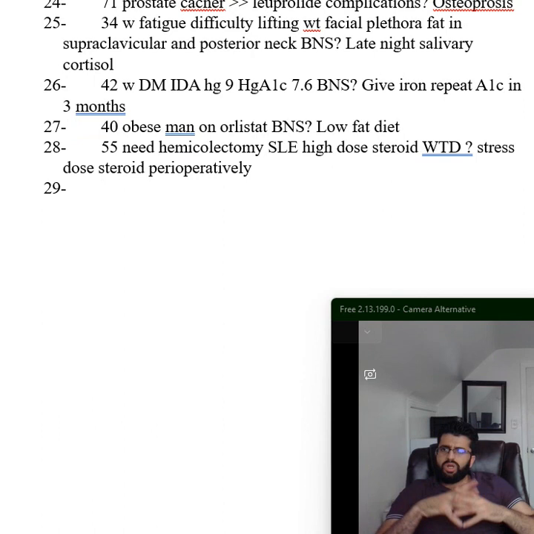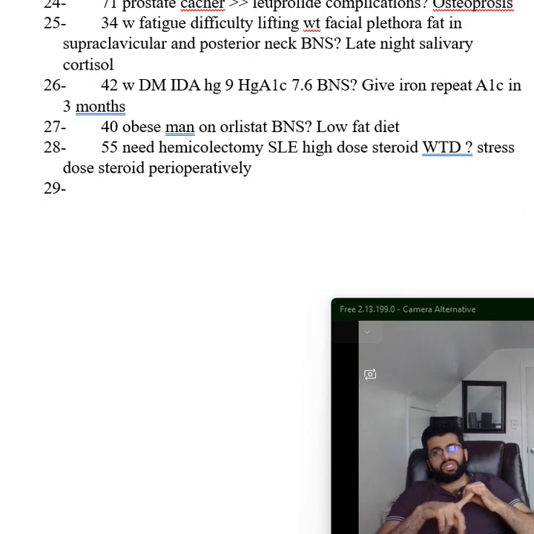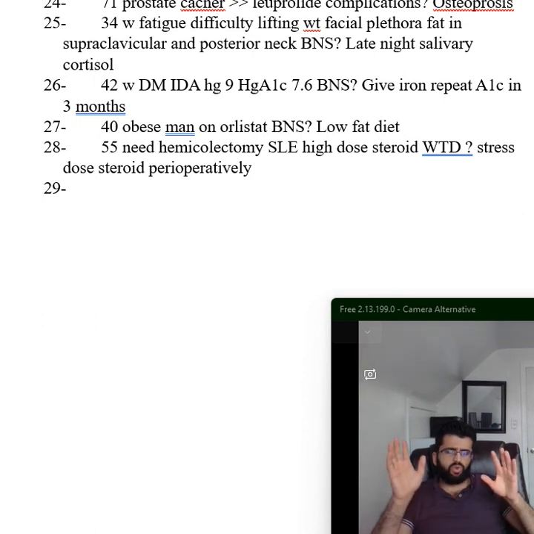So, what are the risks of hypothalamic pituitary adrenal suppression with chronic steroid therapy? Those taking less than 5 milligram morning steroid, or less than 3 weeks, or 10 milligram every other day, there is no risk for suppression.